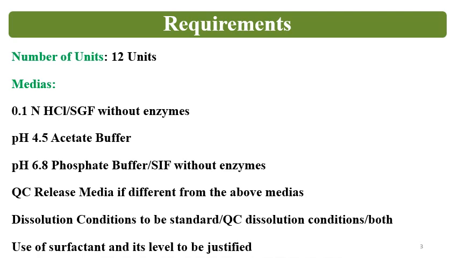Then media: 3 media should be there, and these 3 media are considered based on the physiological pH profile, like 0.1 normal HCl or simulated gastric fluid without enzymes, then media of pH 4.5 made of acetate buffer, and pH 6.8 phosphate buffer media or simulated intestinal fluid without enzymes.